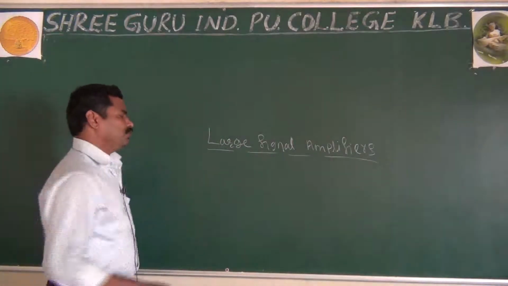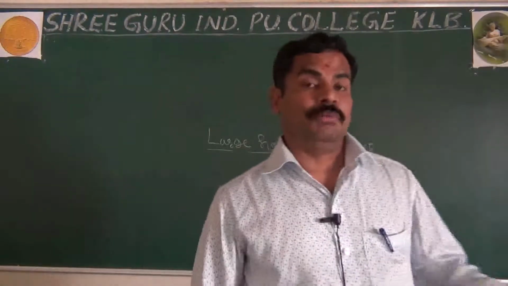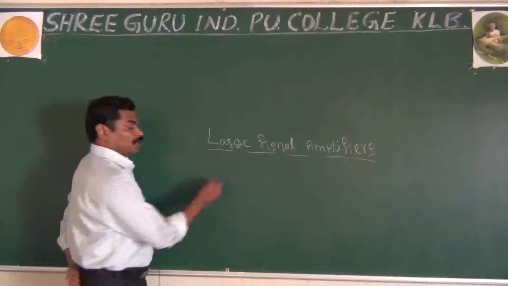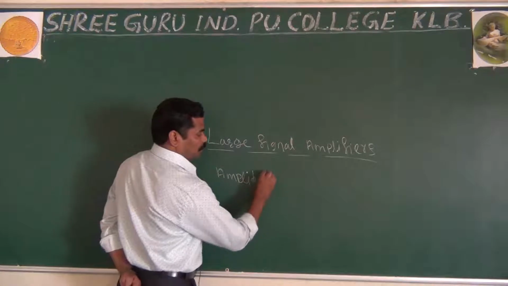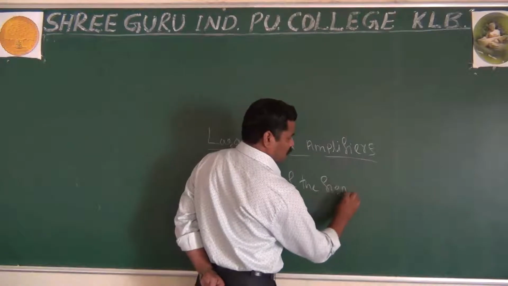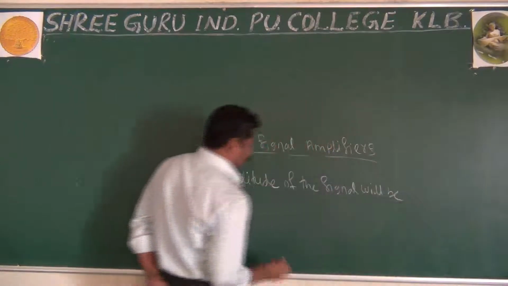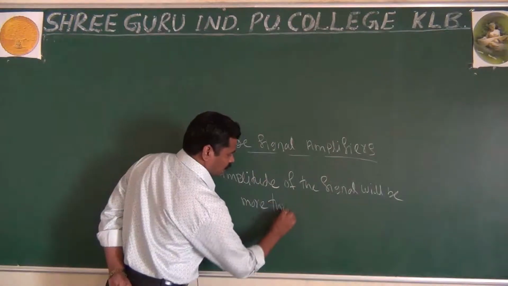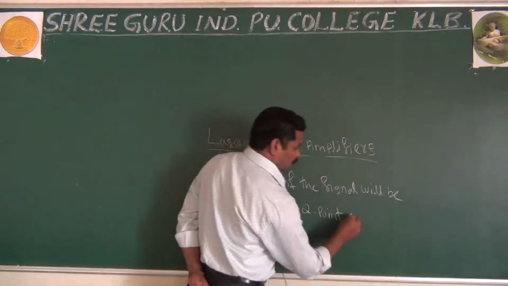Here also you are applying some input signal, and the input signal has some amplitude, some magnitude. The important thing is that in large signal amplifiers, the amplitude of the signal will be more than the Q point value of the transistor.